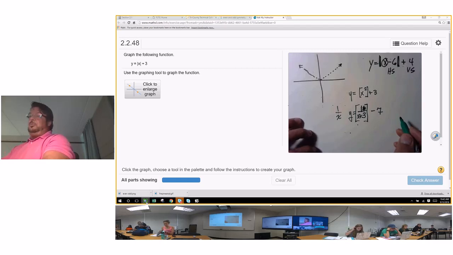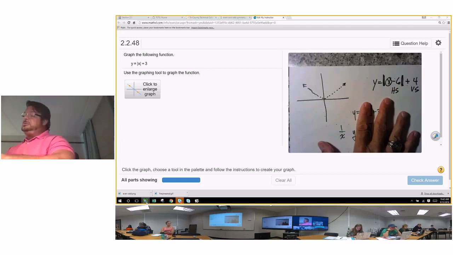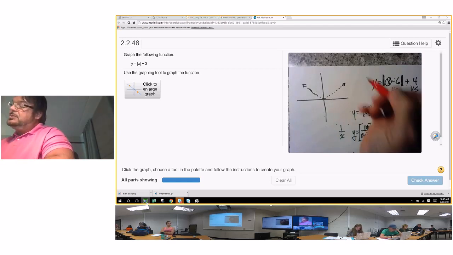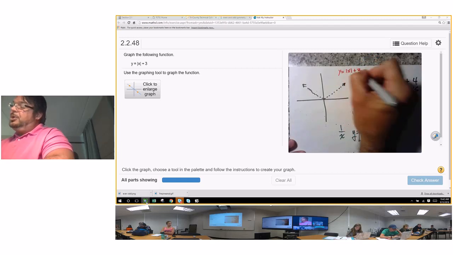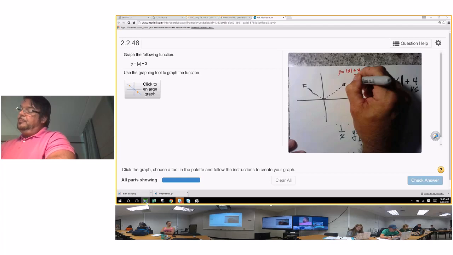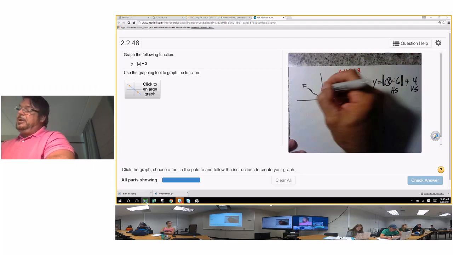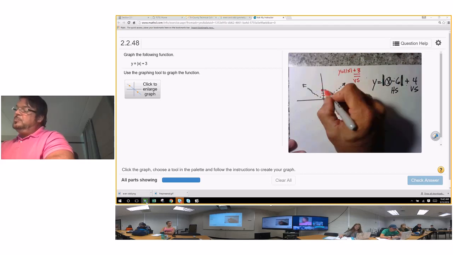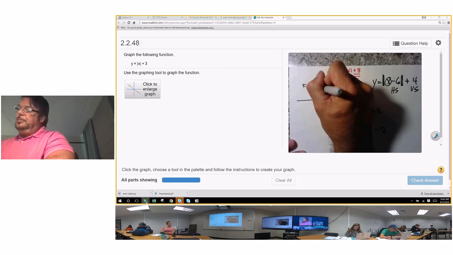I'm going to take my red marker and I'm going to draw this function, the absolute value of x plus 3. So we have discerned that the plus 3 is a vertical shift. This is 1, so that means it's identical to the black parent graph. It's the same graph except 3 what? Up.